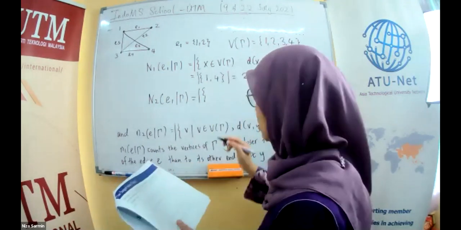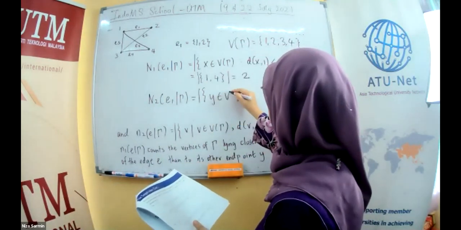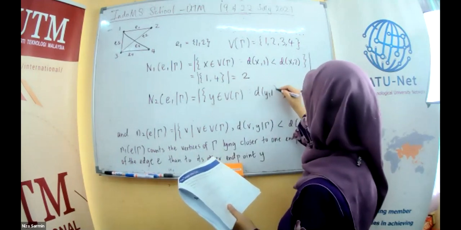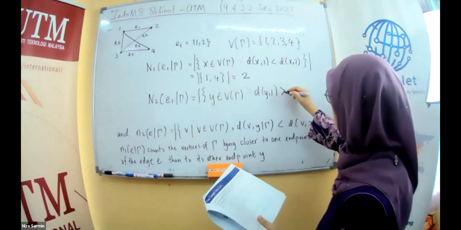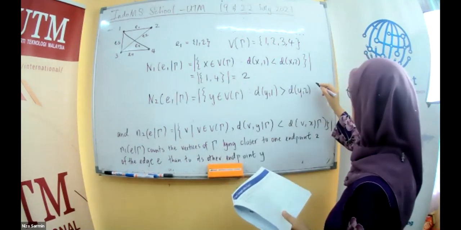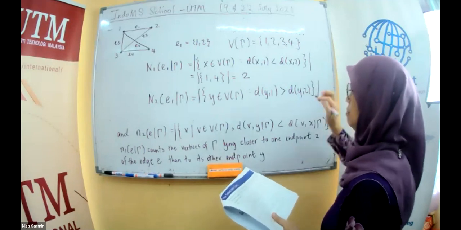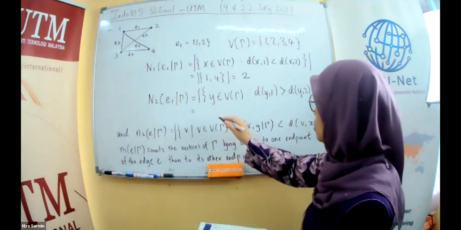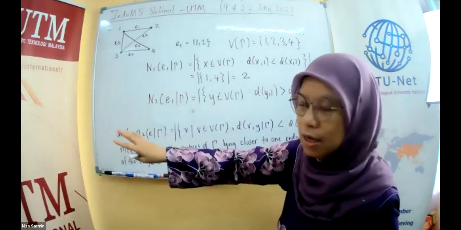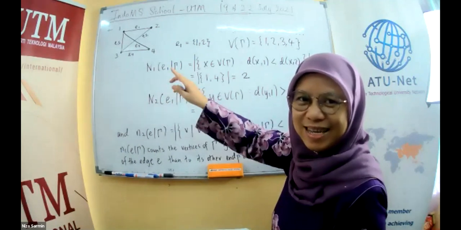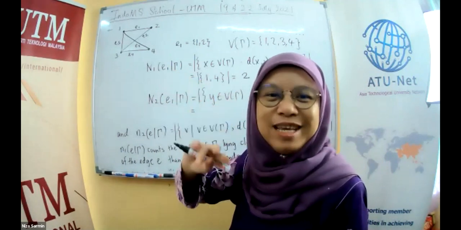So y in B gamma, dy1 bigger than. Before it's less than, right? Now one is bigger. So it does not mean that this is the complement of this, right? But it's the one that is not equal to.